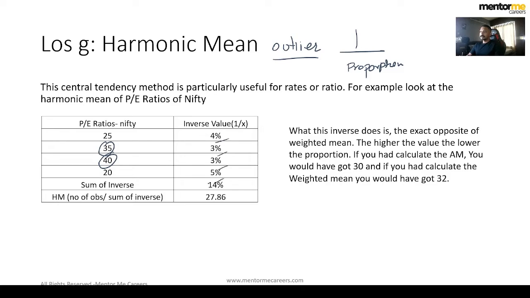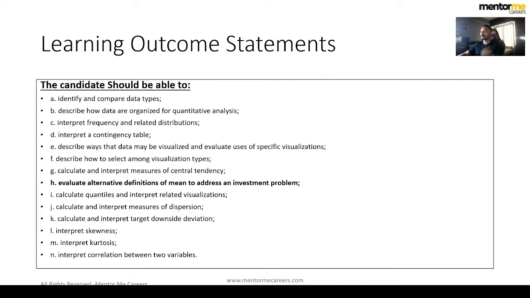The higher the outlier effect, the lower the proportion, right? And the sum of all this would become 14%. So now what you do is just take the number of observations, which is 1, 2, 3, 4, divided by the sum of inverses, and that should give you the harmonic mean. But more than the calculation, you need to understand where it is used: when you have significant outliers.